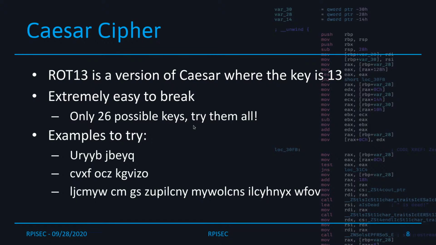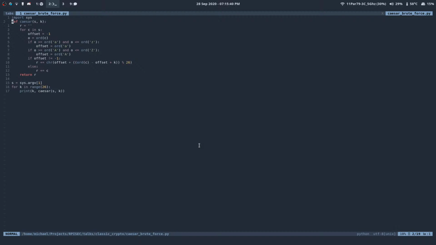So I actually have an example of how easy it is to brute force the Caesar cipher. So we have this string here, URYYB. I've written up a short script called caesar_brute_force.py.